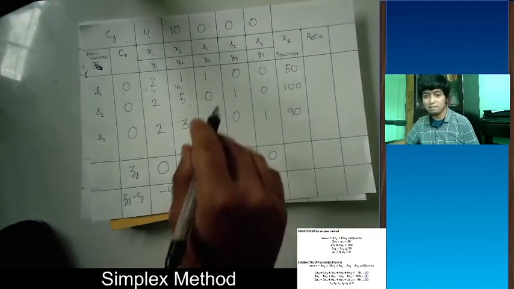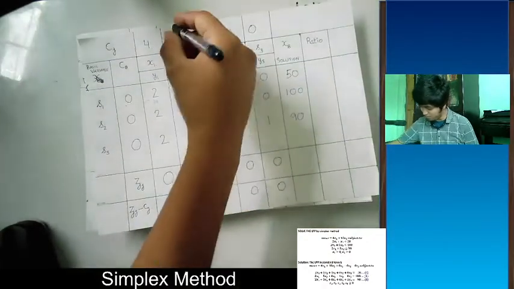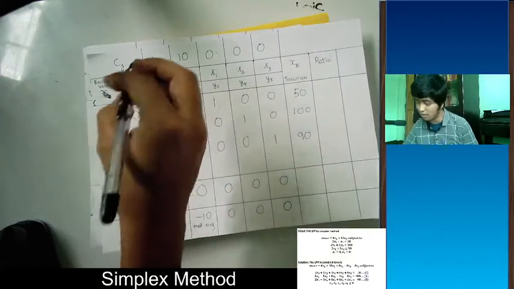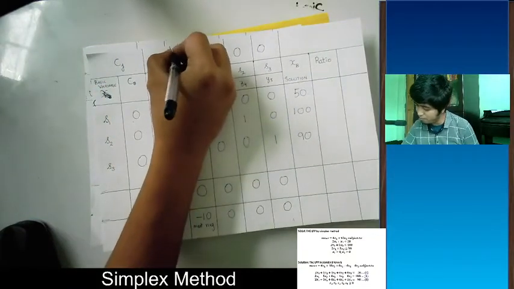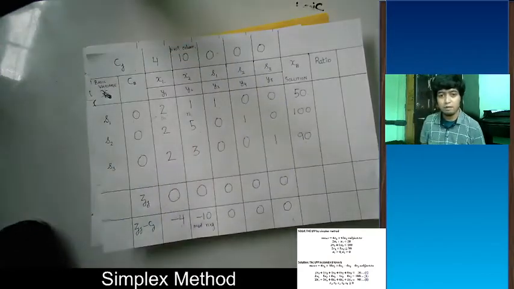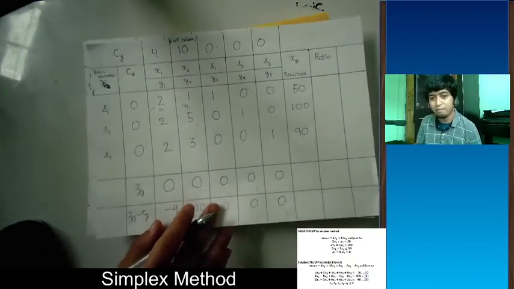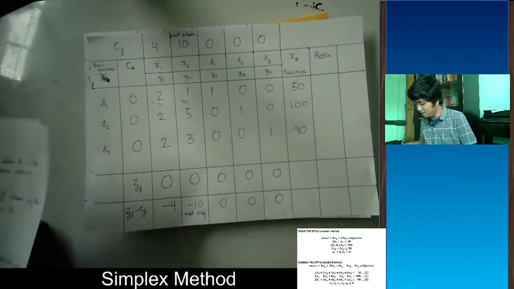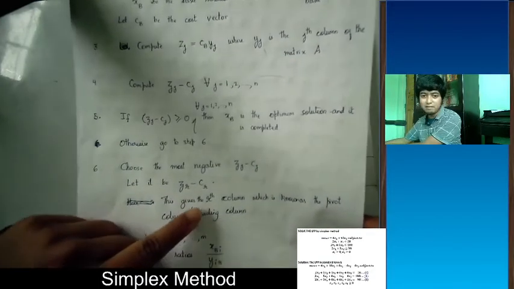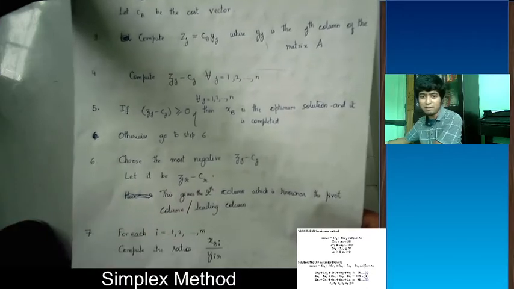Since this one is the most negative, this column that we are having here will be called the pivot column. Okay, what will we do now? Now we are in the stage, which is known as the pivot column or the leading column.